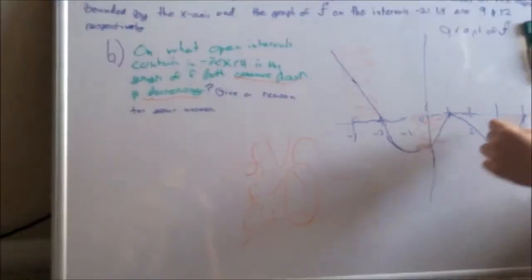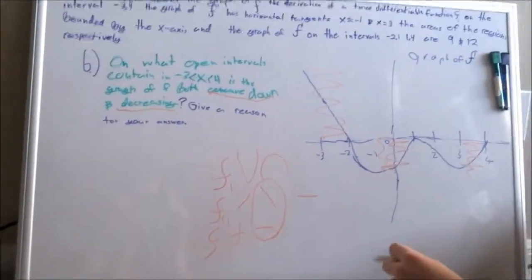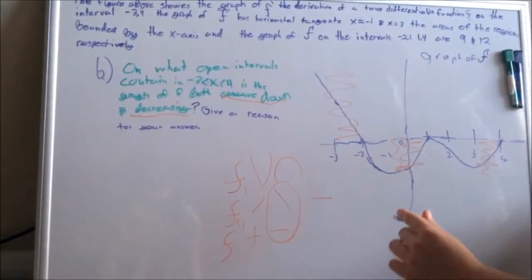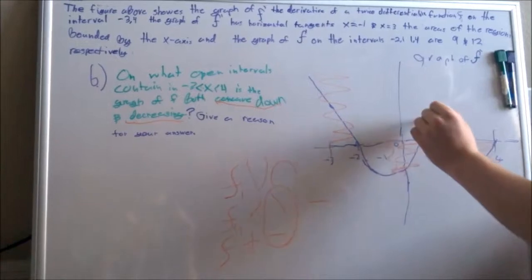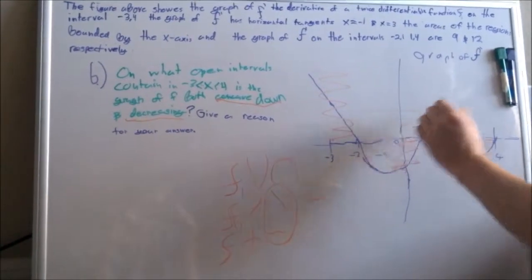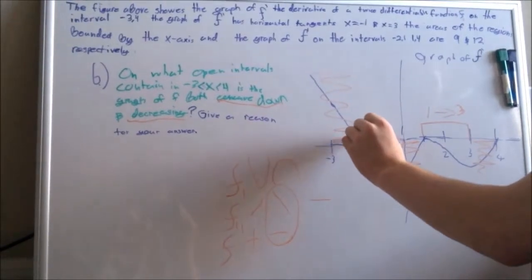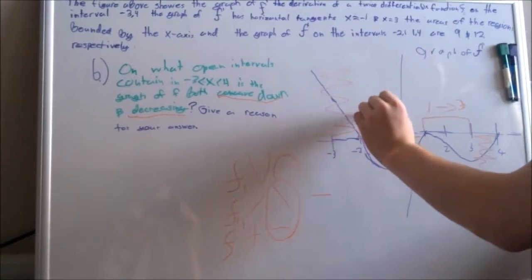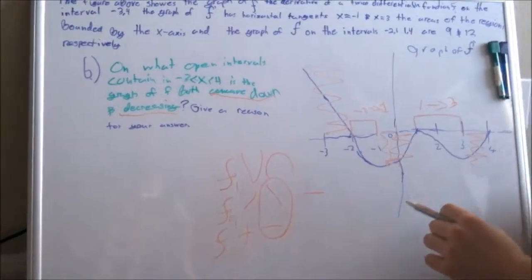However, 1 to 3 and negative 2 to negative 1, it is going down, and f prime is negative. Therefore, the intervals are 1 to 3, and negative 2 to negative 1. These are your intervals.